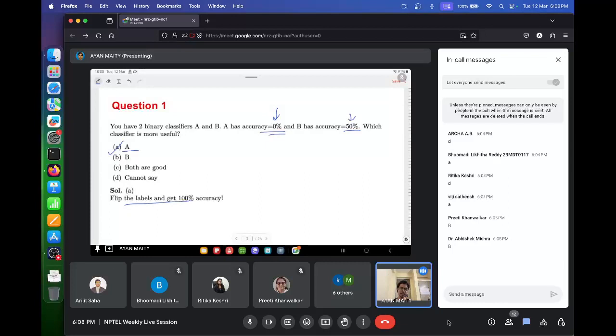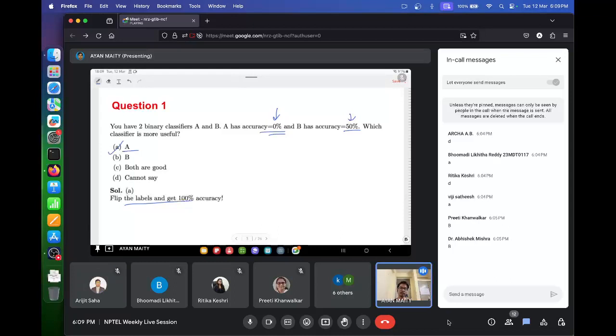But in this specific question, the correct answer is that A has 0%. That means if we flip the output, we are certain that we will get 100% accuracy. So for 0% it is correct. For any other percentage, this answer might not be correct.